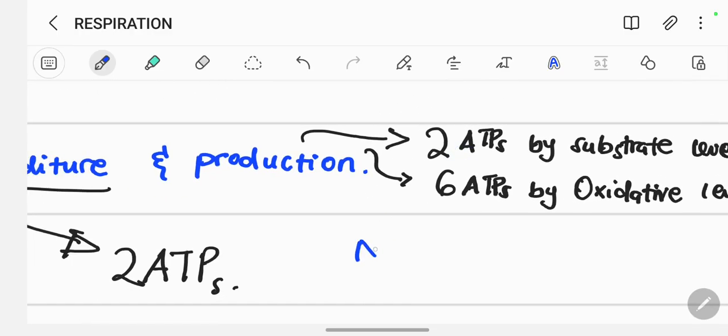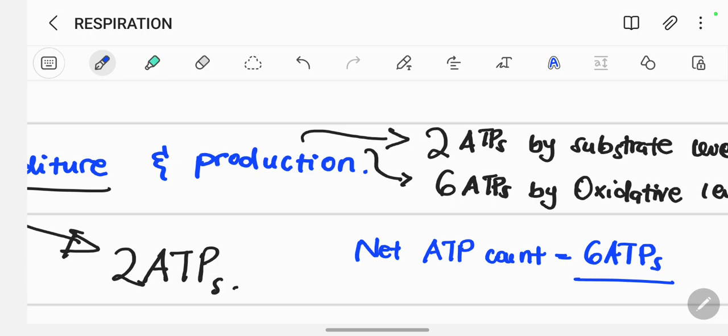So you find out that our net ATP count is 6 ATPs. Why? It's because these 2 are going to be used up.